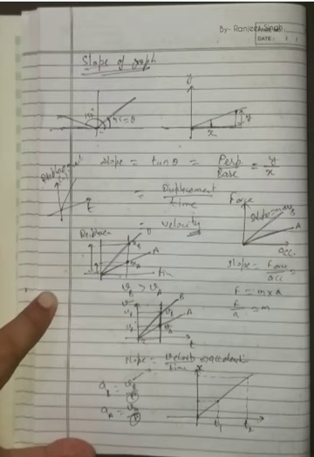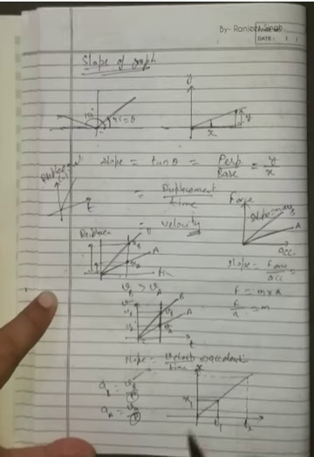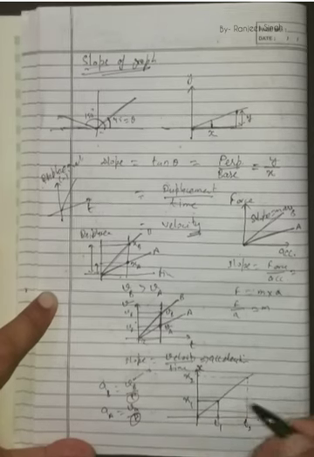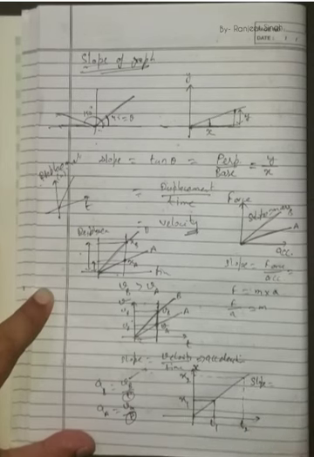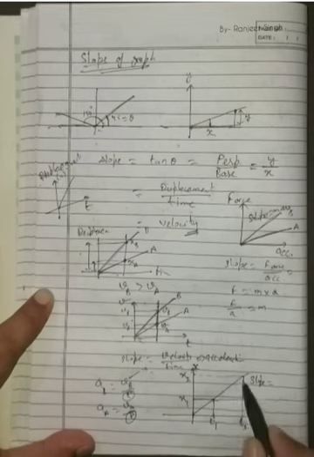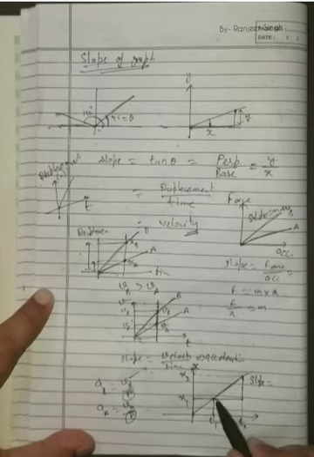So at time t1 the displacement is given by x1, and at time t2 the displacement is given by x2. So in this case the slope between t1 and t2 can be taken as the slope of this triangle that I have drawn here.